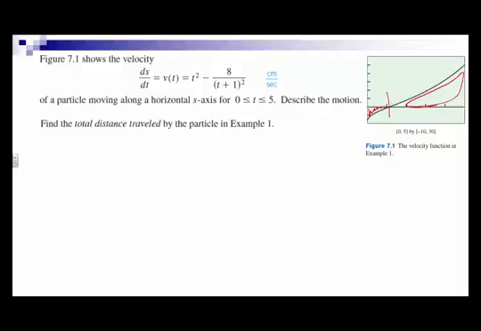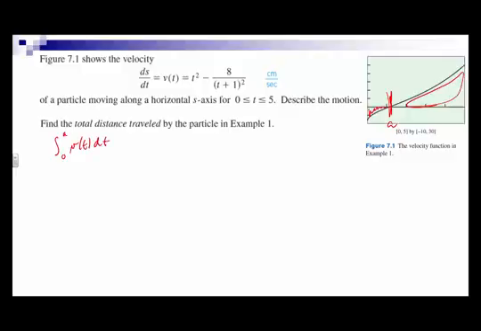What we really need to do is find out where is that value A? Where's that place where the motion changes direction? And then when we know that, we can say, well, how much travel happened while we went from 0 to A, the integral of v of t dt?